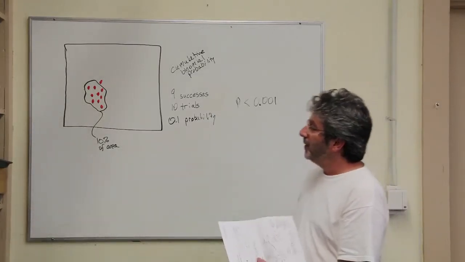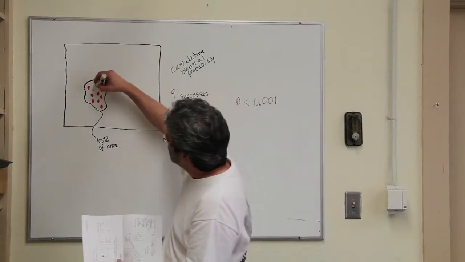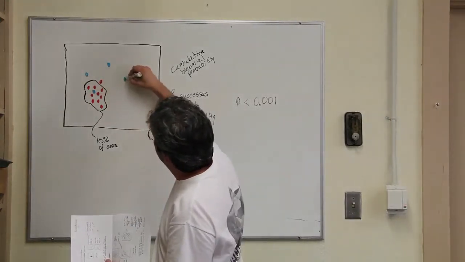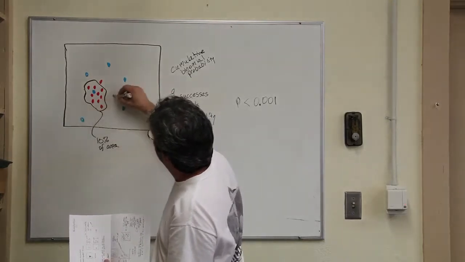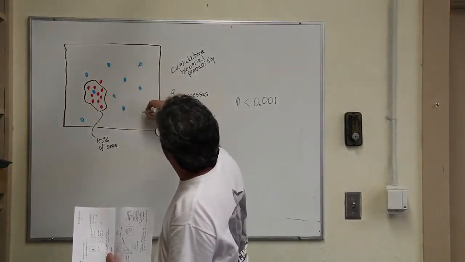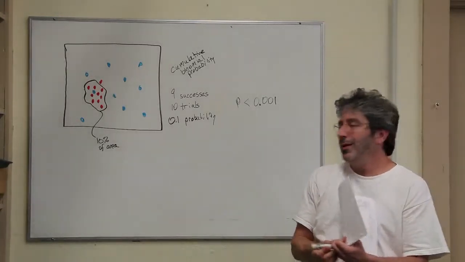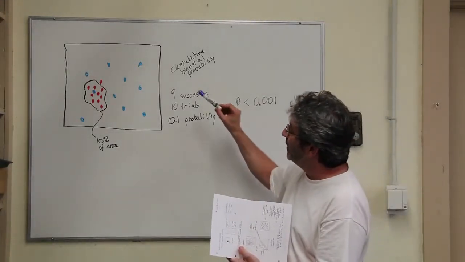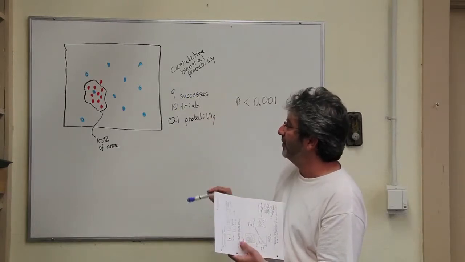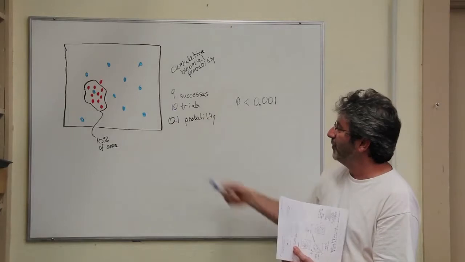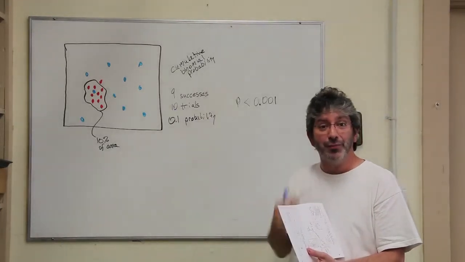Now let's imagine another situation with a different set of testing data. Again, we have 10 points, but here we're saying what's the probability of getting 1 success when we have 10 trials and a probability of 10%.